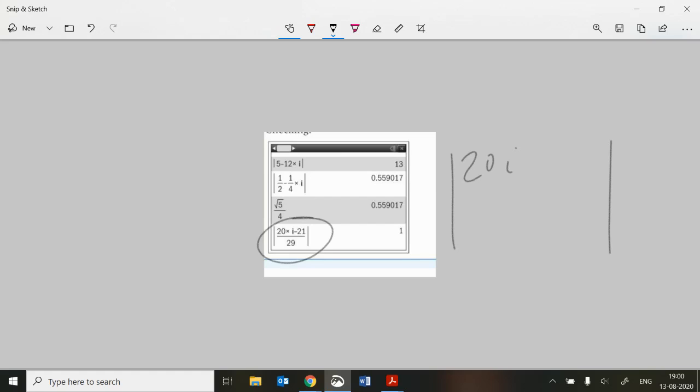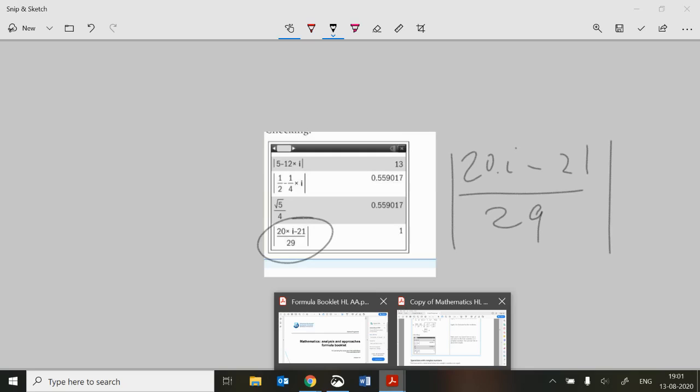That times is a dot, minus 21 over 29. Yeah, that's right, that is a times. So that's what you're going to get off your calculator, and you can just use the modulus brackets and it will do it all for you.